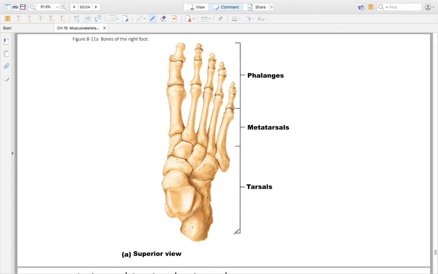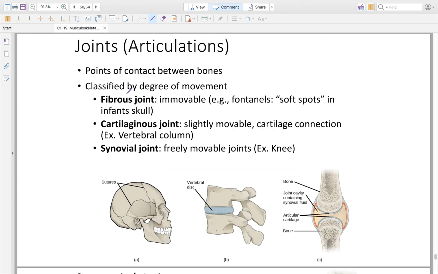Okay, your ankle. Tarsal. So it's similar to carpal, metacarpal, phalanges, except these are tarsals, metatarsals, okay, and then phalanges. Bones are actually easy. You just have to study them.